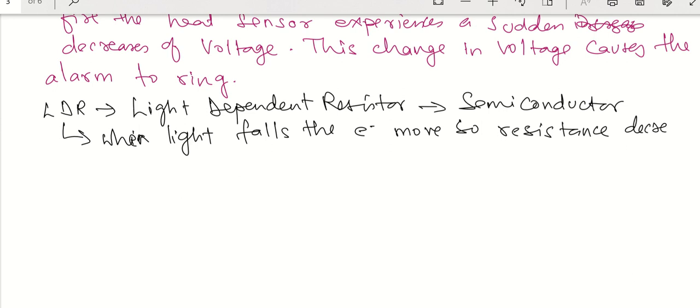Okay, resistance decreases. What does it mean? If resistance is decreasing, then your voltage is decreasing. See, so again there is a decrease in the voltage.